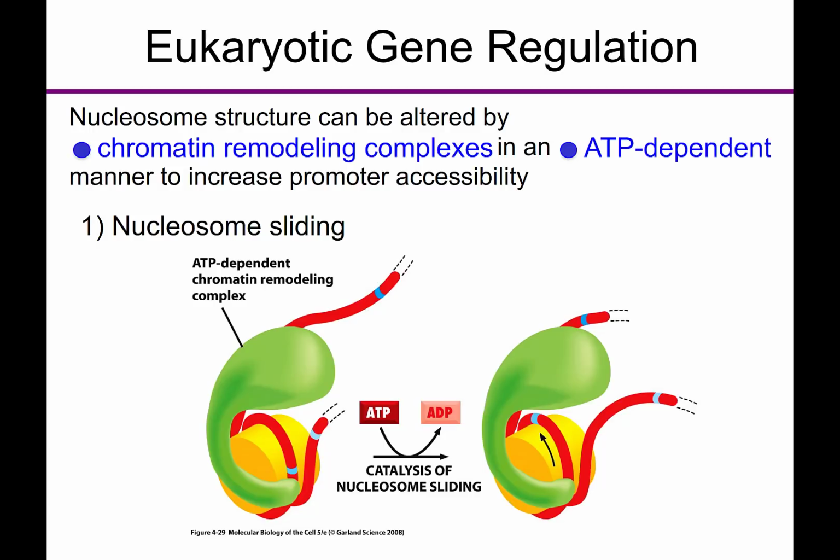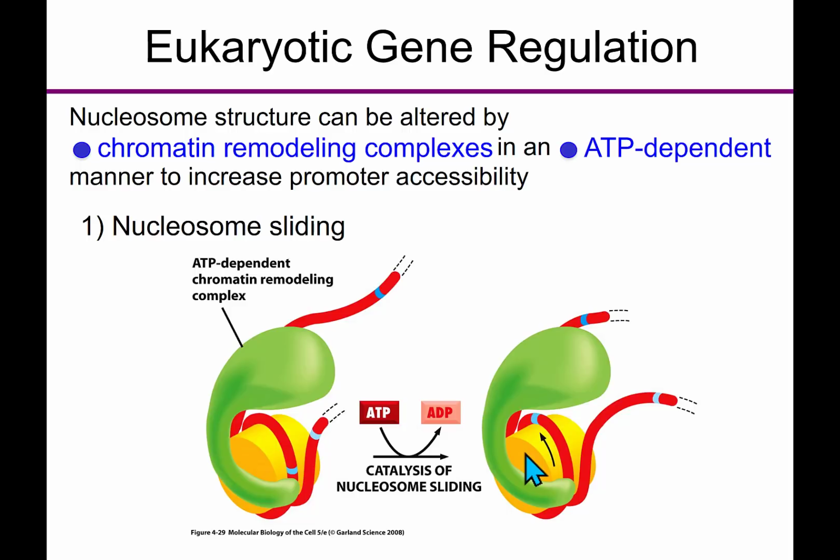Nucleosome structure can be altered by chromatin remodeling complexes in an ATP-dependent manner to increase promoter accessibility. Our first major way was nucleosome sliding. So remember, this is your DNA, and you can have one of these ATP-dependent chromatin remodeling complexes come in. They can use ATP, and they can essentially catalyze nucleosome sliding, kind of like rolling the proteins here along.